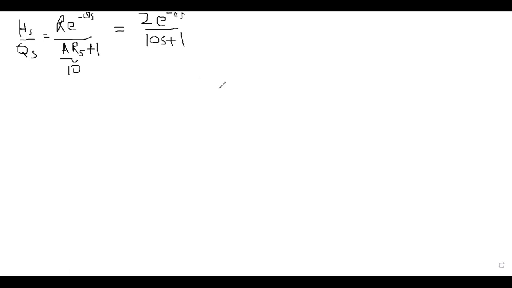So this is basically GPS. From GPS we need to get GM plus and GM minus.